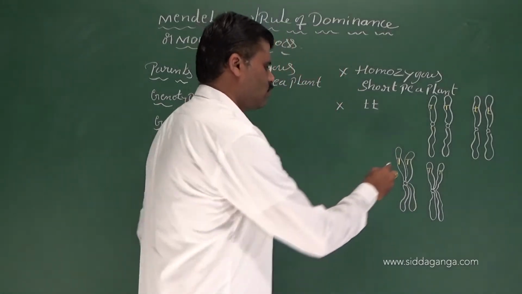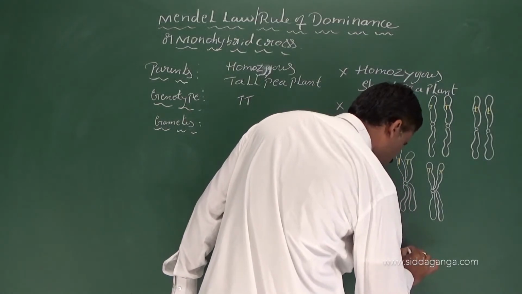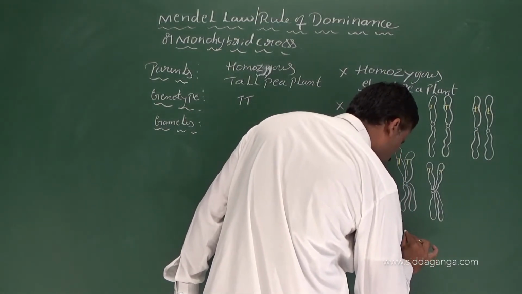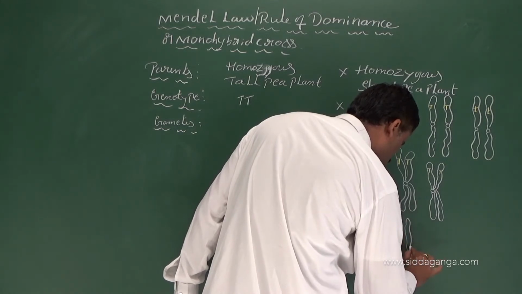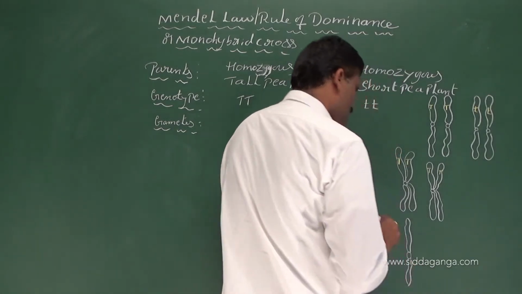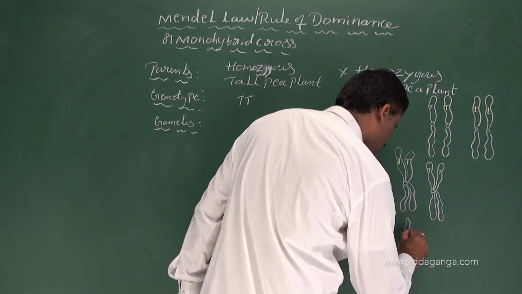After that, the chromosomes split to form daughter chromosomes. Daughter chromosomes carry respective gene for the character.